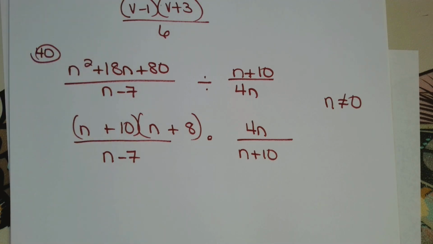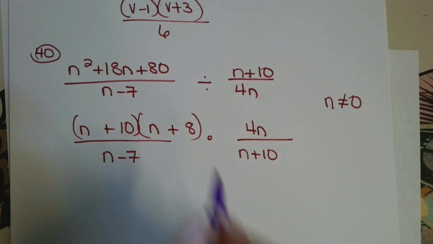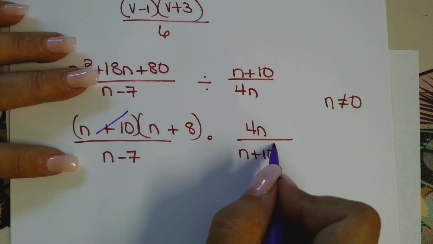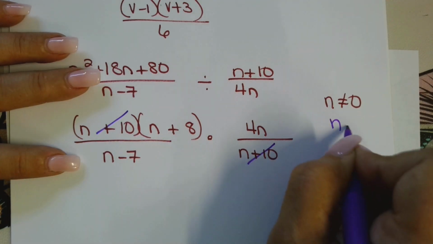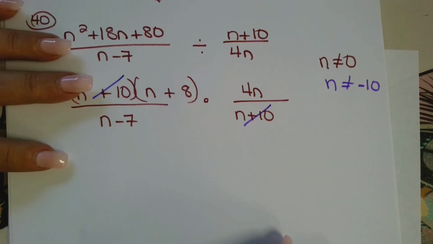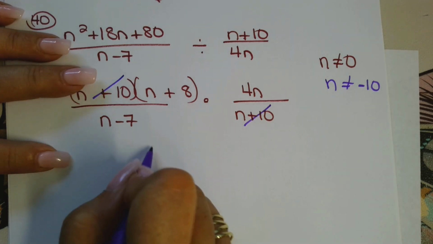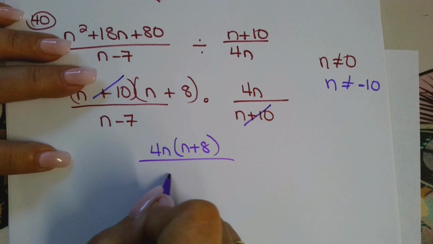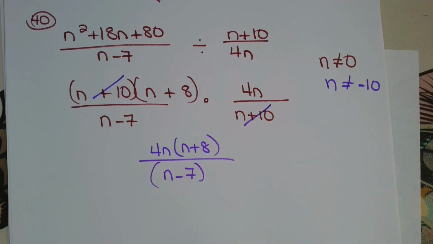All right, so what can we take out? We can take out the n plus 7, I'm sorry, the n plus 10. N plus 10, that means n cannot be -10. And believe it or not, that's it. You're left with 4n, n plus 8 in the numerator, and n plus 7 in the denominator.